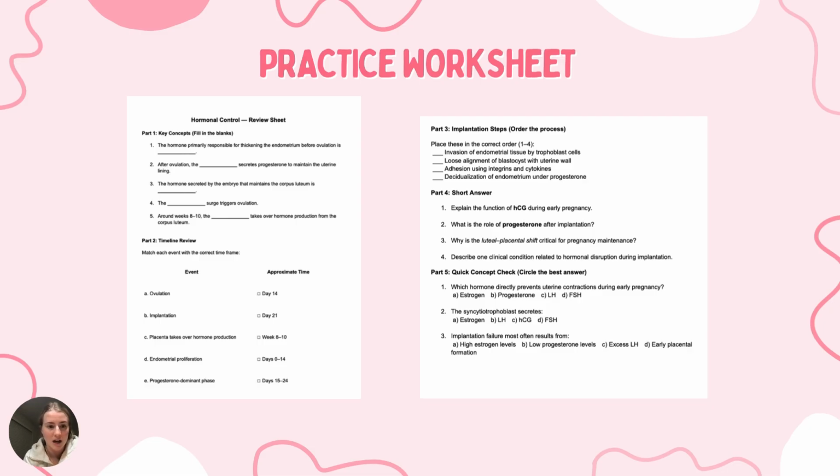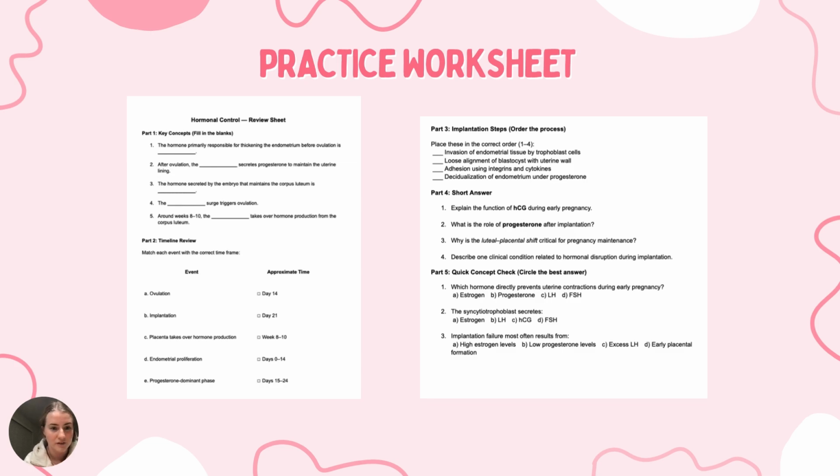And to wrap it up, I just wanted to share this little practice worksheet that I made. It has 5 parts, just brief, but it summarizes and contains all the stuff that was talked about in this presentation.